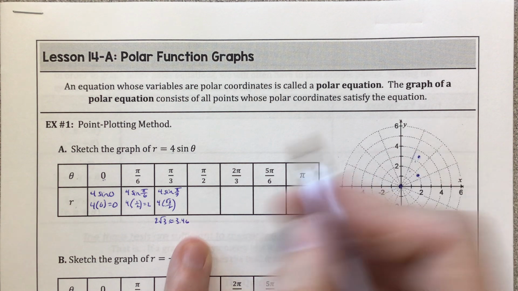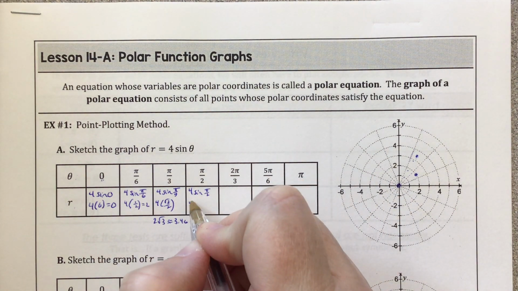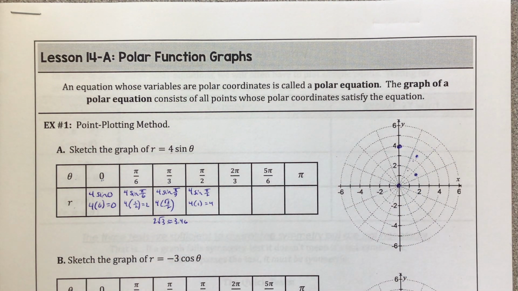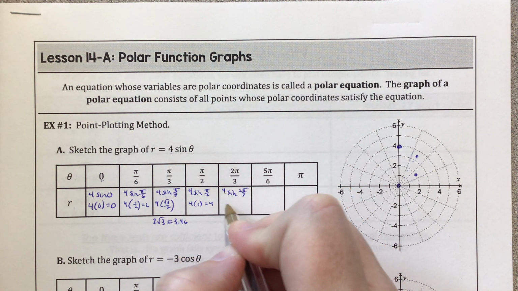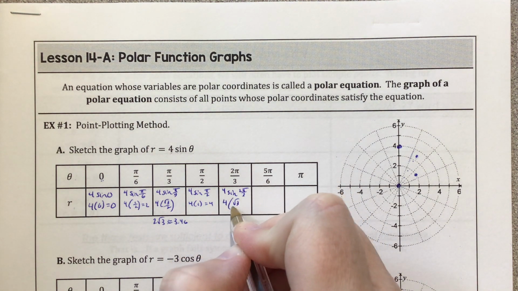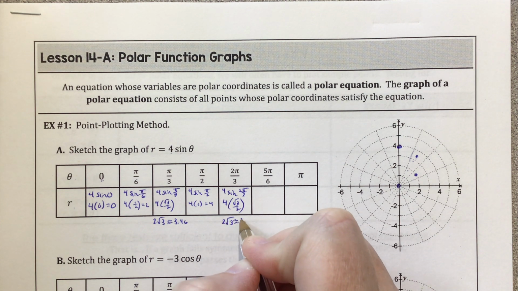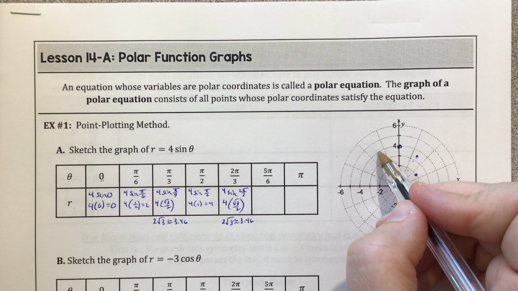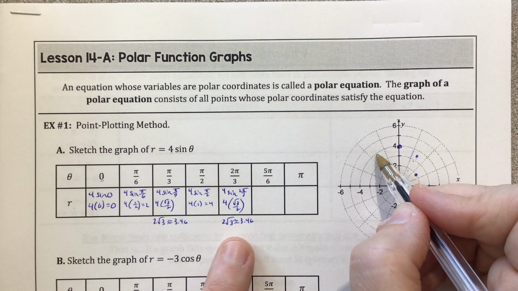All right, at pi over 2, I have 4 times the sine at pi over 2, or 4 times 1, which gives me 4. And then 4 times the sine at 2 pi over 3, that's 4 times the square root of 3 over 2, which again is 2 square roots of 3, or about 3.46. So 2 pi over 3, maybe a little bit closer, so not this first one, but a little bit closer to pi over 4 than that measure there.